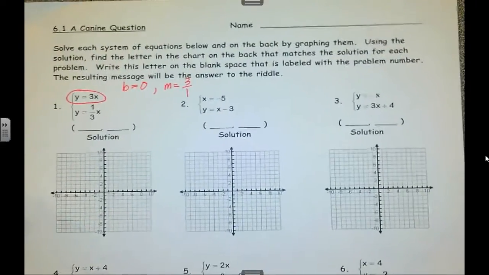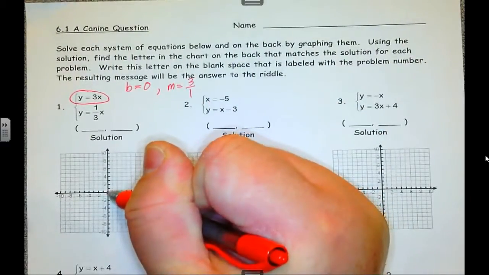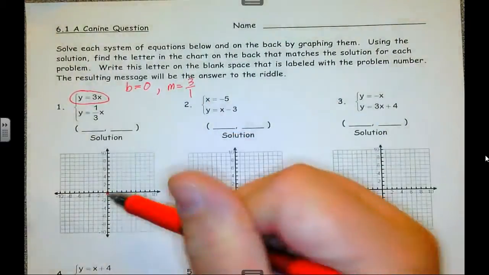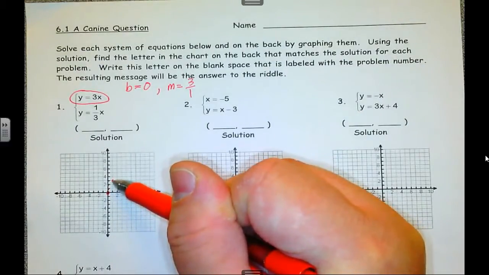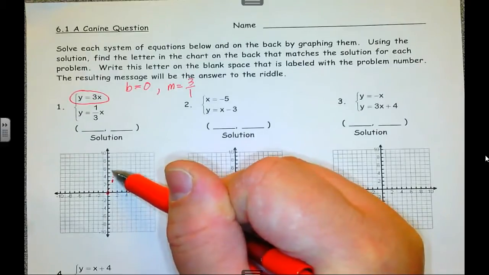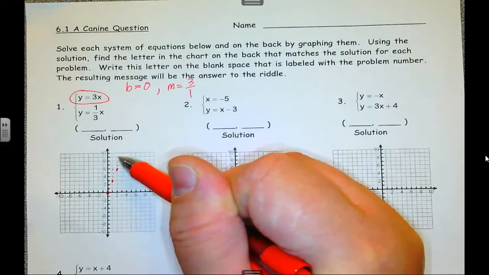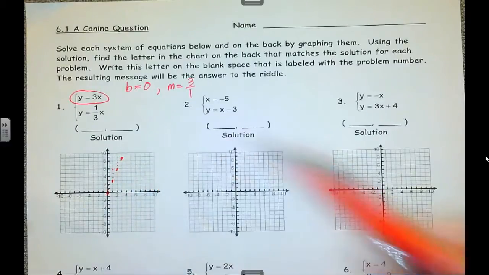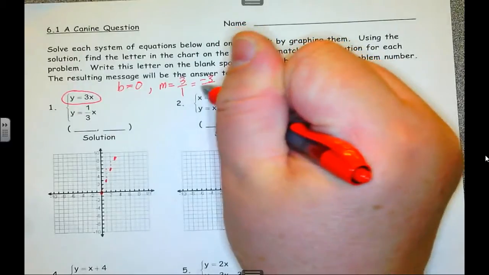So I'm going to go ahead and graph that line. Crosses my y-axis at 0. I'm going to go up 3, 1, 2, 3, to the right 1, up 3, to the right 1. I could actually go down 3 to the left 1 also.